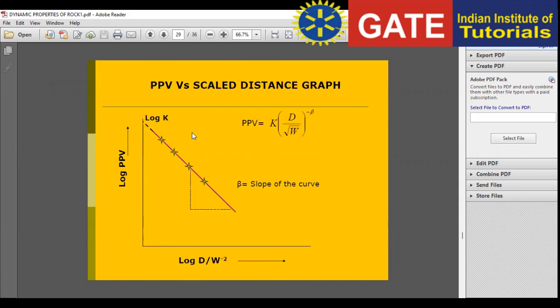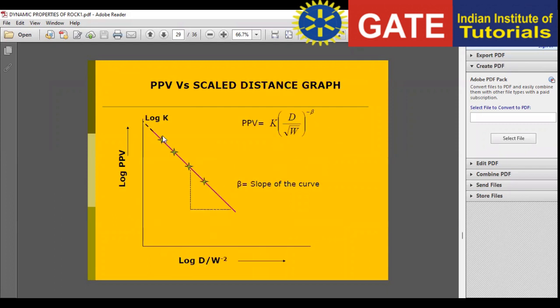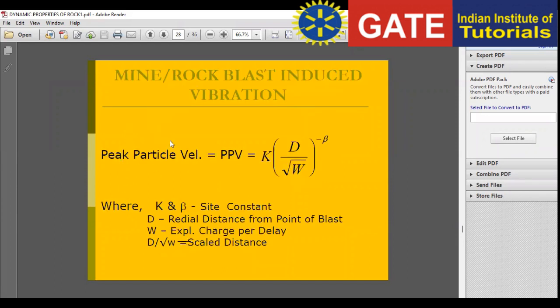So this is the peak particle velocity, and if you plot the log of PPV against the log of the scaled distance, this is called the scaled distance. Basically, log PPV equals log K plus log of D by root W raised to minus beta.